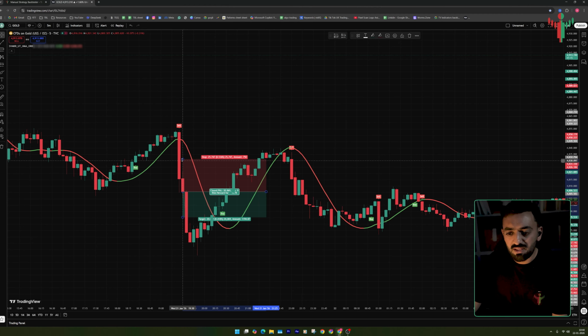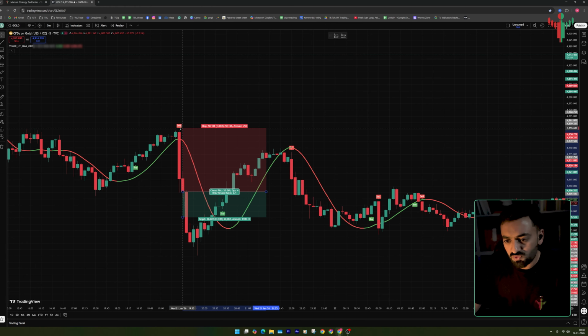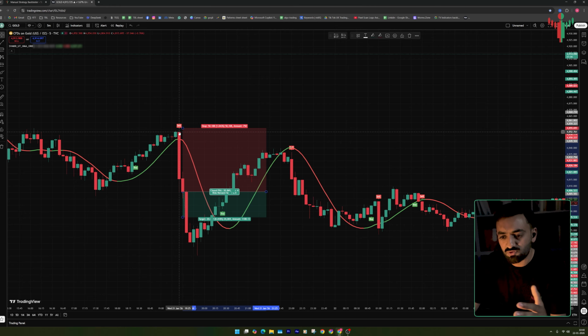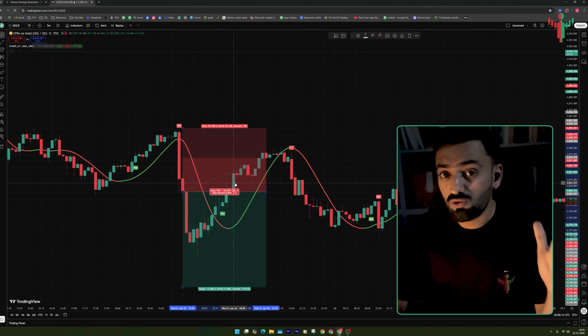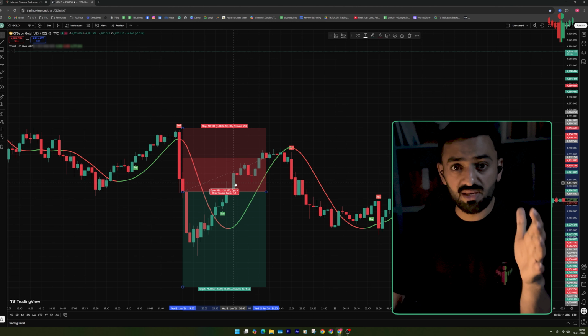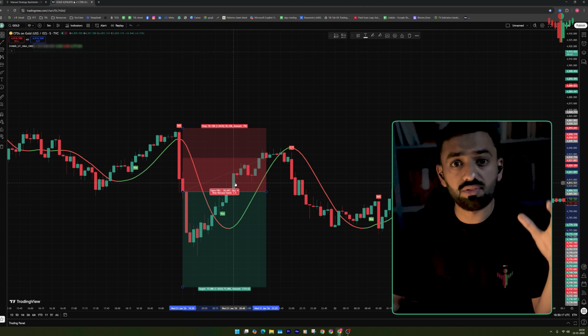The SL will be placed at the swing high and a little bit higher, like 2 or 3 pips higher than the last swing high, and the TP will be 1.5 risk to reward ratio, like exactly here. To close the trade, we have one more rule, that the trade will be closed on the opposite signal.